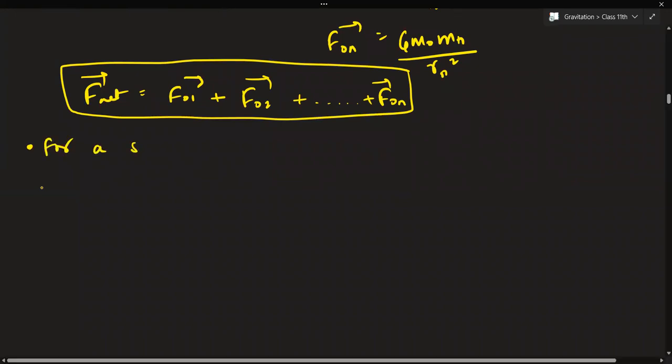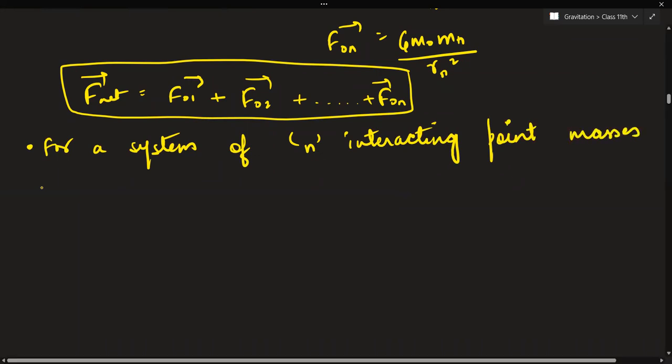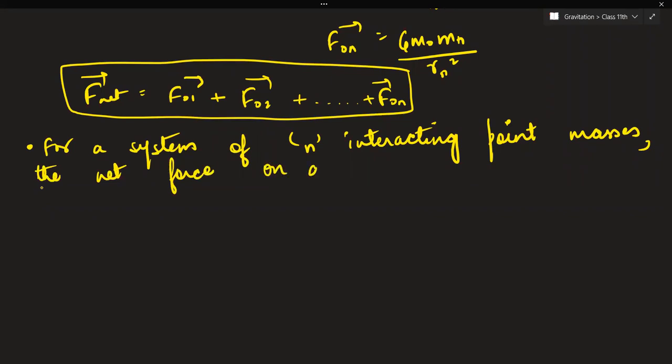For a system of n interacting point masses, net force on a given mass is vector sum.